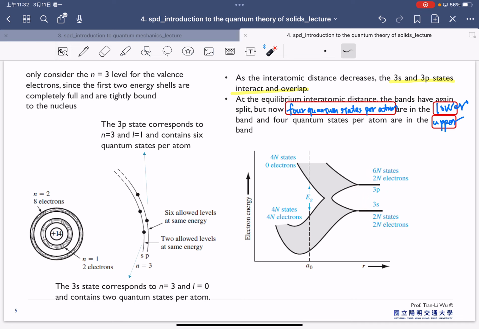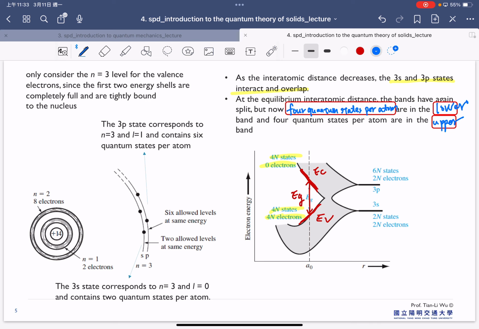But once you push them together, it will split and the electrons will be redistributed. Electrons prefer to stay in the lower energy level, so now the 4N electrons will be here, and in the upper band there are no electrons. That starts to give the idea that if we define this one as EC and this one as EV, then the difference between them is the band gap, the energy gap.